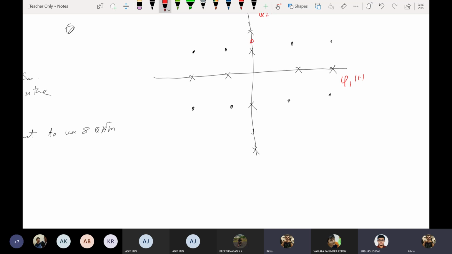So let's say triangles. Is the constellation with the triangles 8QAM again? Yes, sir. So when I say 8QAM, which of these will I use? That is the question.